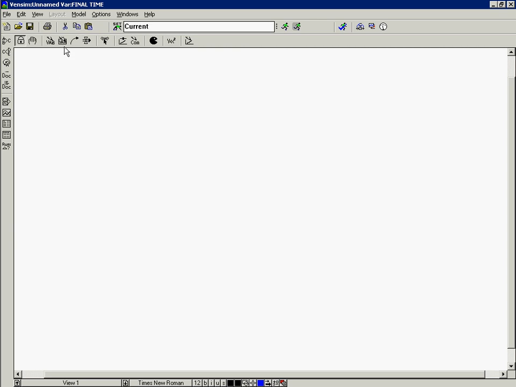So I'm going to enter the mode to enter stocks. And I'd like to enter, ladies and gentlemen, 3 stocks initially, okay? I just clicked here. You'll notice it says box variable level, okay? And you click on the diagram.